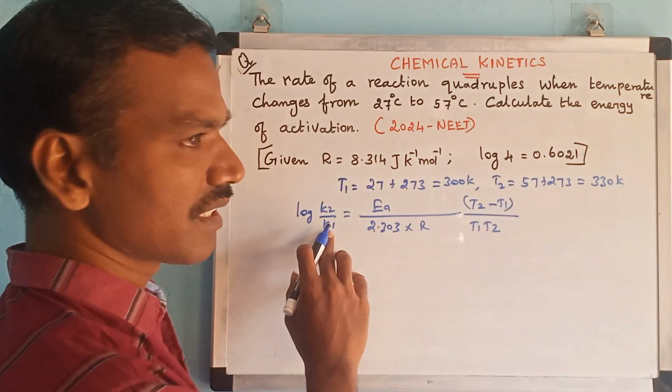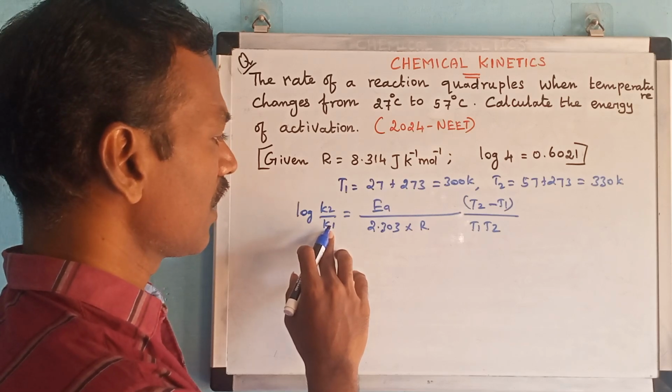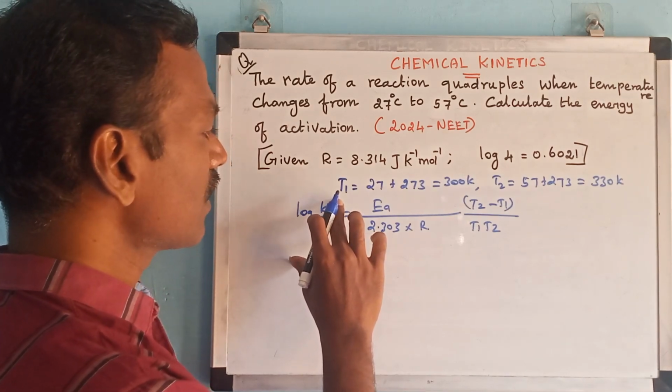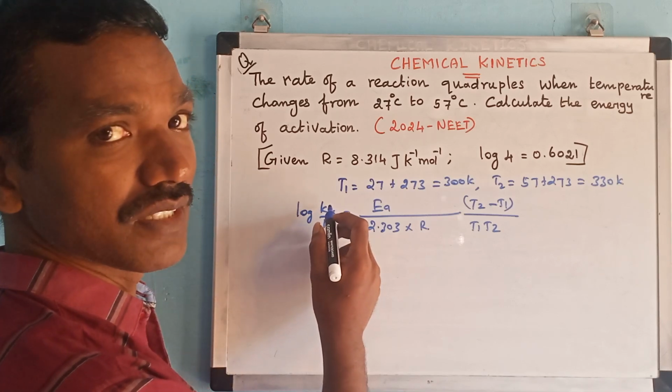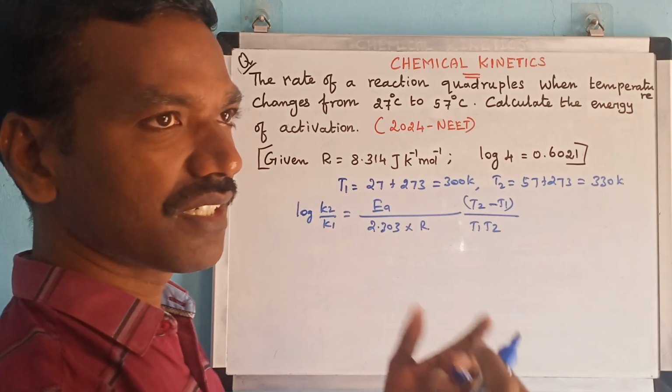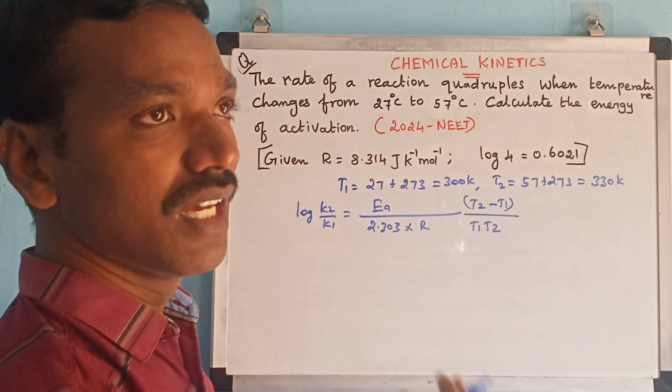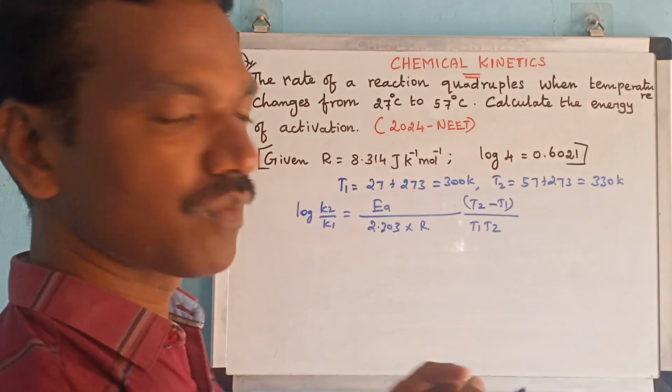Here K1 is nothing but the rate constant for the reaction at 27 degrees Celsius, and K2 is the rate constant for the reaction at 57 degrees Celsius. When we increase the temperature from 27 to 57 degrees Celsius, the rate of the reaction becomes 4 times faster, right?